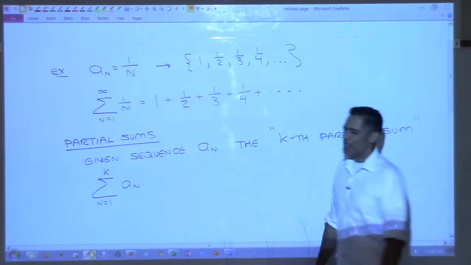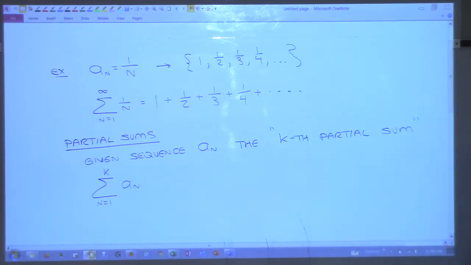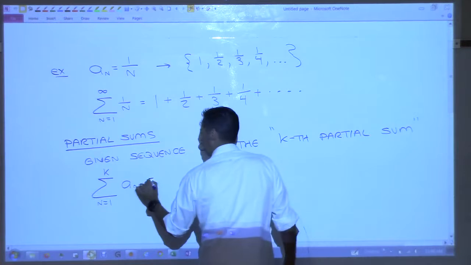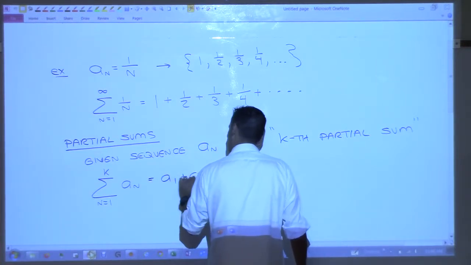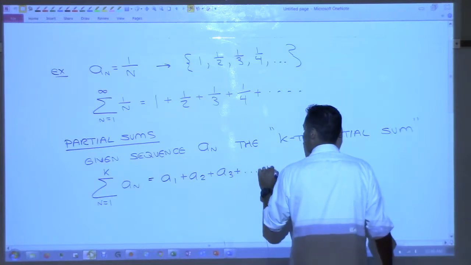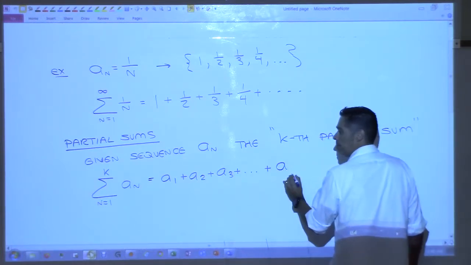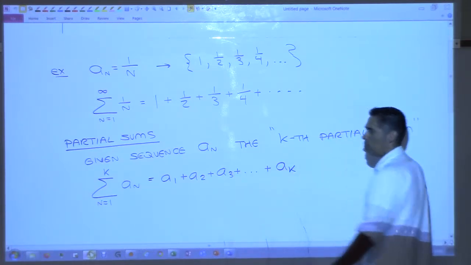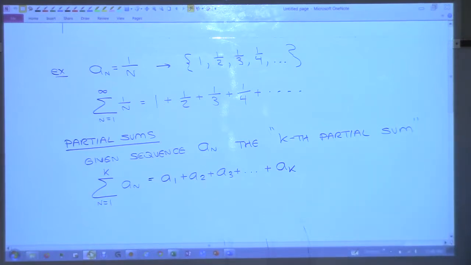So what does the kth partial sum really mean? How is it different than the infinite series up there? It stops. It stops at k. So that means it's going to be A sub 1 plus A sub 2 plus A sub 3 plus, and you keep going, but this time you stop at A sub k. That is what the kth partial sum is.